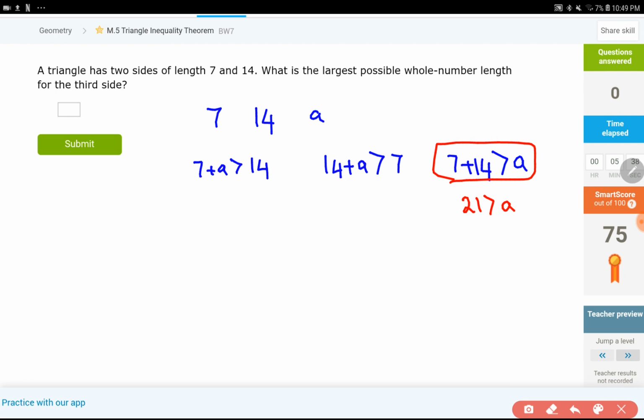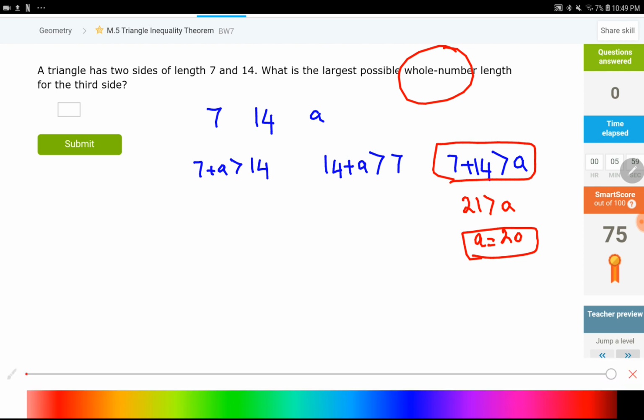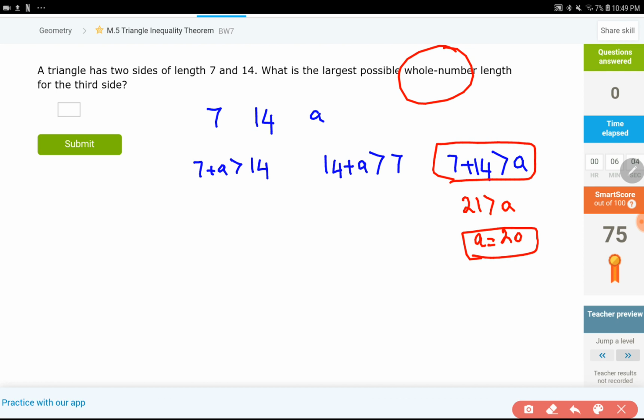So a is definitely going to be less than 21. Because it says a whole number, the maximum value the side can take would be 20. The greatest whole number that is less than 21 is 20. Let's solve the other two inequalities and show why they wouldn't help us answer this question, and why I used the third inequality instead of the first or the second.